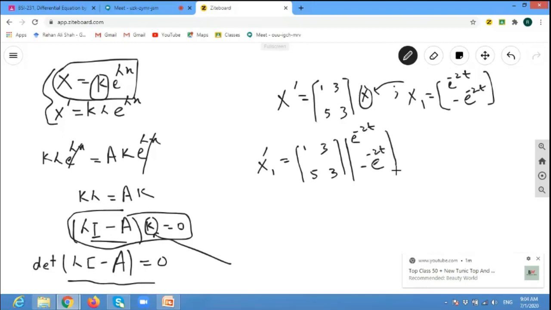If you multiply this matrix with this column vector, you will get 1 multiplied by e power minus 2t plus minus 3 e power minus 2t, and then 5 e power minus 2t and minus 3 e power minus 2t.